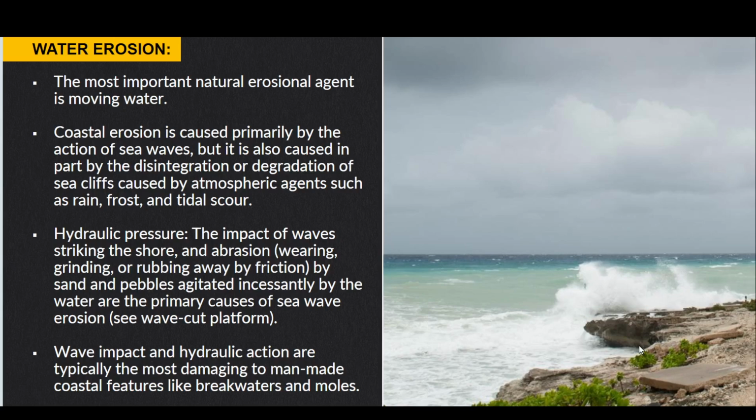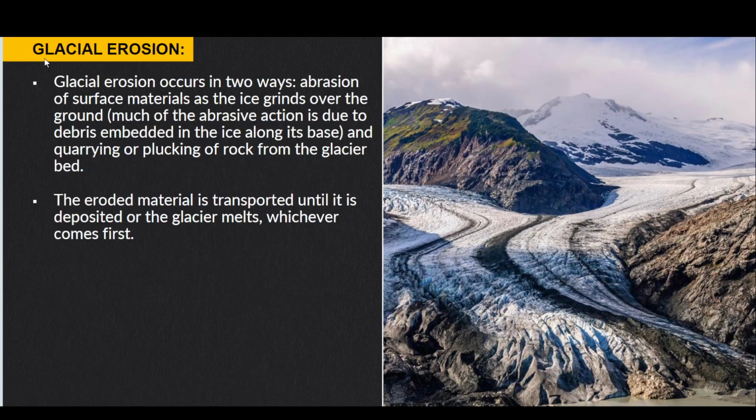They strike the shore and cause weathering and grinding and rubbing away by sand and pebbles. Wave impact and hydraulic action are typically the most damaging to man-made coastal features like breakwaters and moles. Then glacial erosion occurs in two ways.